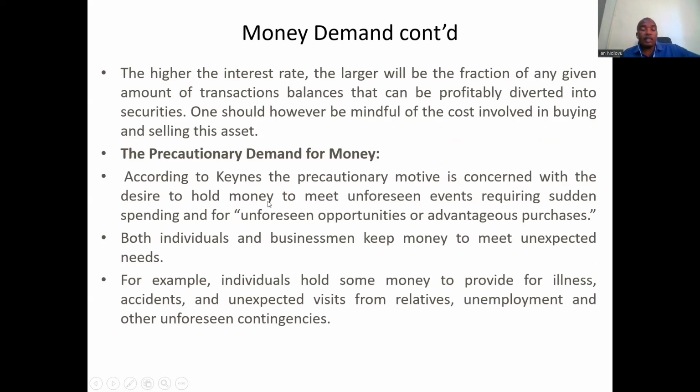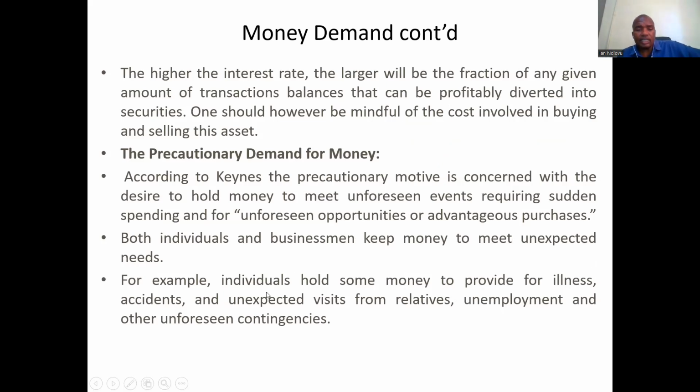And then we've got the precautionary demand for money, which has to do with unforeseen opportunities or advantageous purchases. This again is held to be constant because it has to do with things which are more or less possible to estimate using probability or statistics.